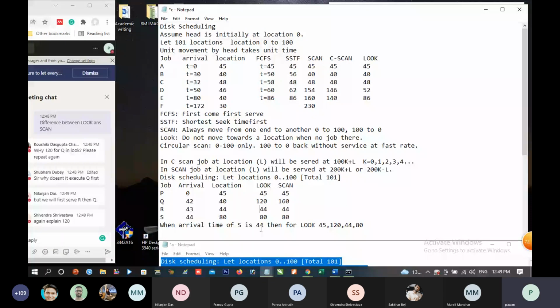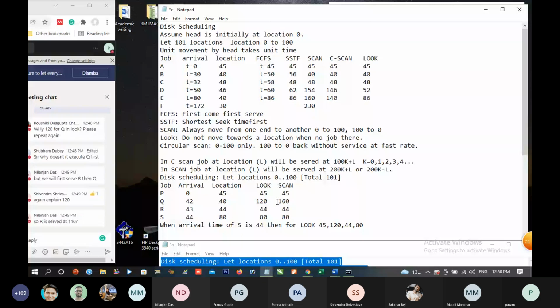Can you understand why Q is 160, Shivendra Srivastava? Because Q could be executed at time t equal to 40, and at that time job Q was not available.